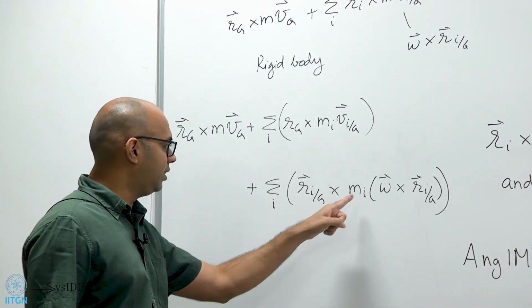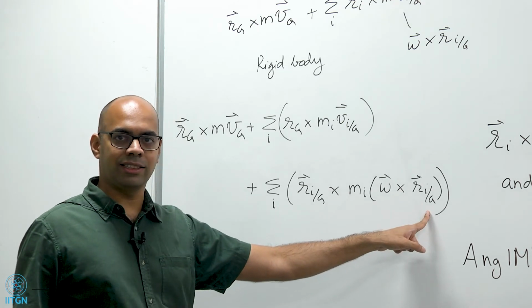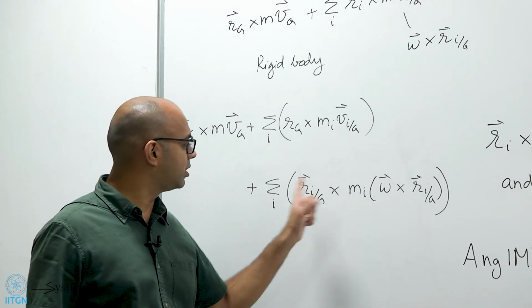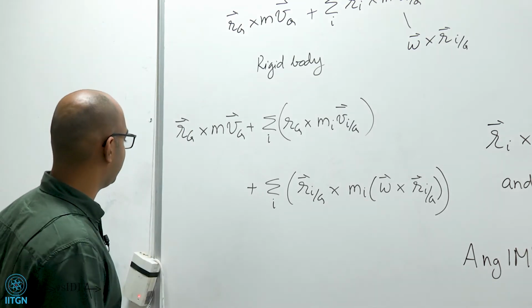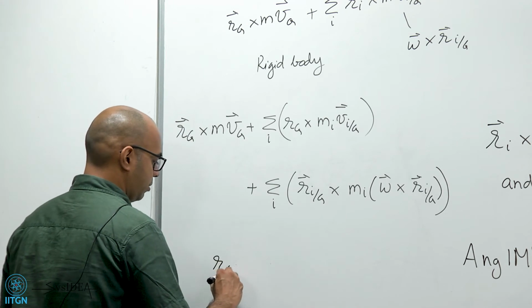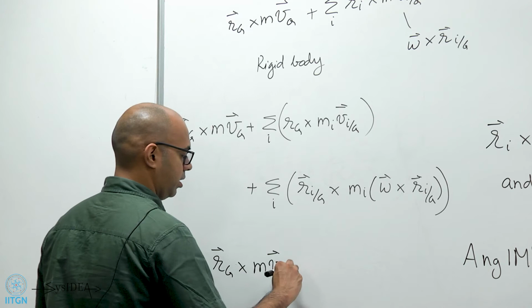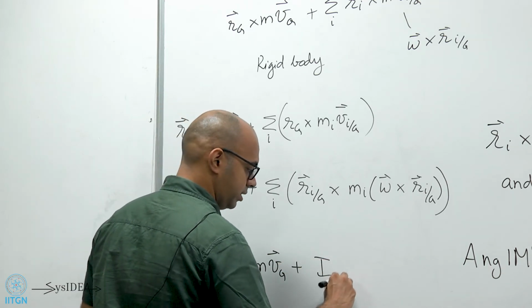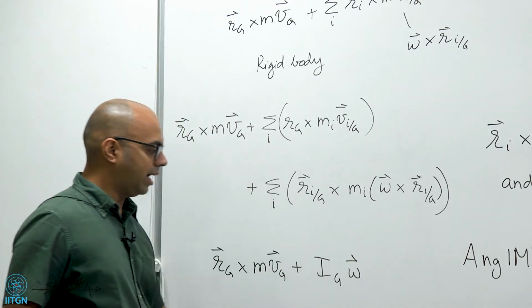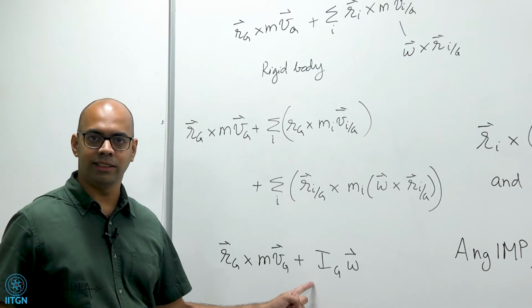So integral dm r squared, that is again starting to look like a moment of inertia. So it's a moment of inertia times omega. So the right hand side of that equation ends up being Rg cross mVg plus Ig omega. And everything is measured relative to the center of gravity, therefore it is Ig.